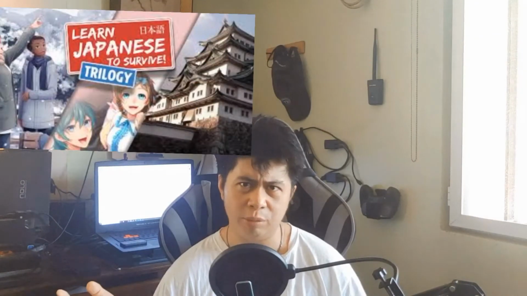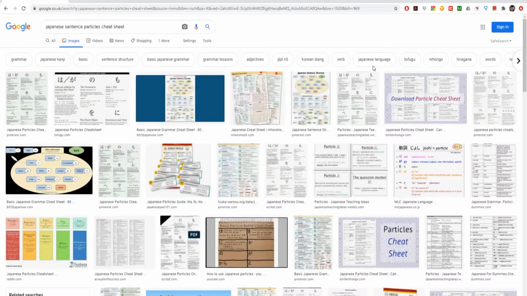How does this relate to Japanese sentence particles? Very easy. You have to read a lot of native content sentences, a lot of native content books, or, I don't know, apps, some of these games that use some basic games in super basic Japanese. And when you read them, you should have a reference book handy, or again, you can just have the cheat sheet.